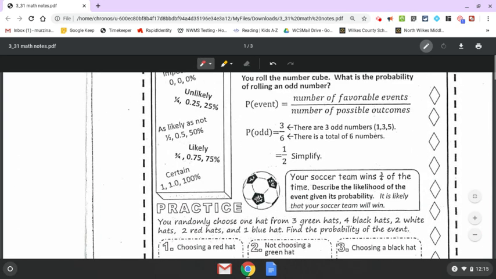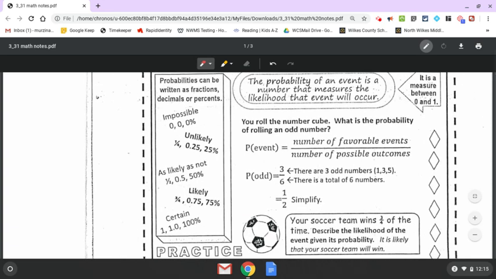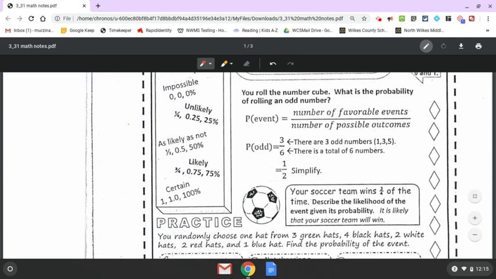All right, so now that we've got those terms out of the way, we'll talk about some of the practice. We'll go down here and do some of the practice. The notes that you see here are like what I just talked about. It's turning those events into a fraction, okay? If you roll a number cube, which is a dice, what is the probability of rolling an odd number? Well, if you think about a number cube or a dice, there's numbers 1 through 6.